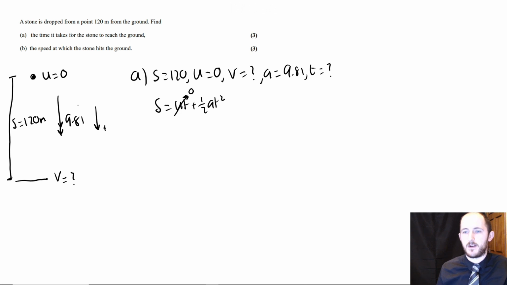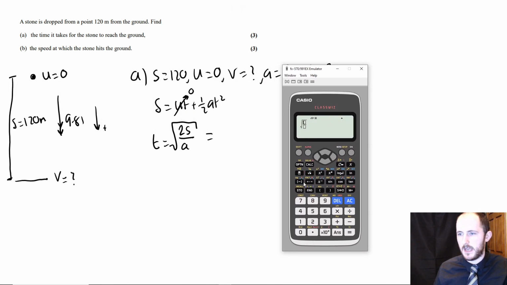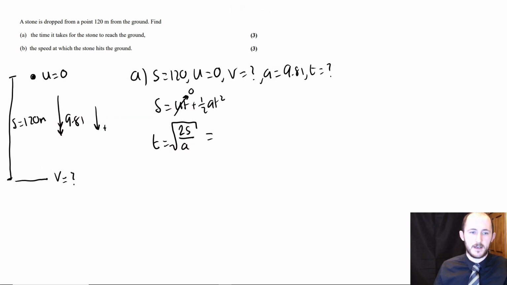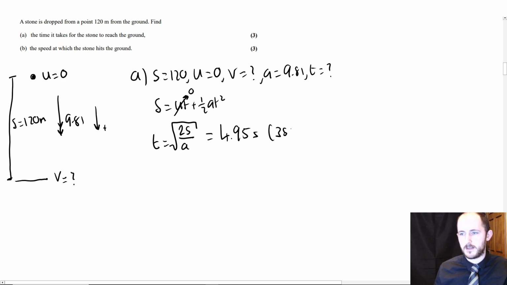Really powerful equation. Then t is just going to be the square root of 2s over a, which we can just shove into the calculator. You're going to use this pretty much every single time you have a free-fall question. It's a really common question, and look how quickly we did it. 3 marks again. 4.95 seconds to 3 significant figures.